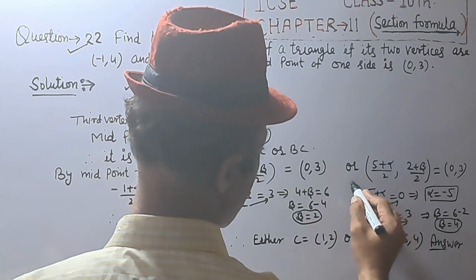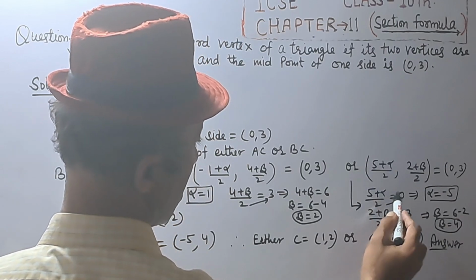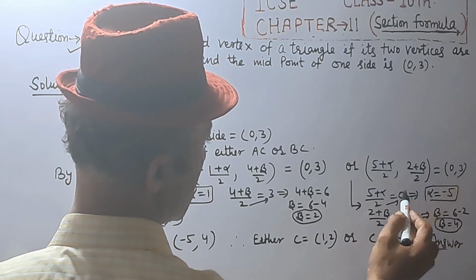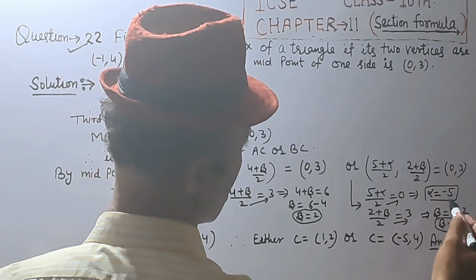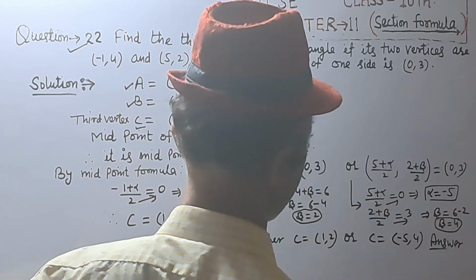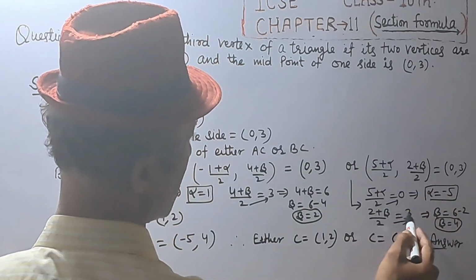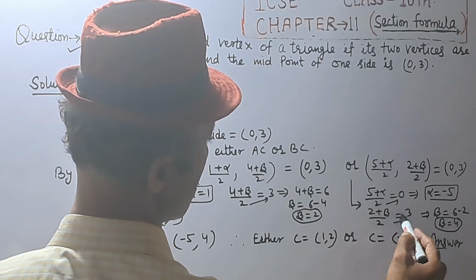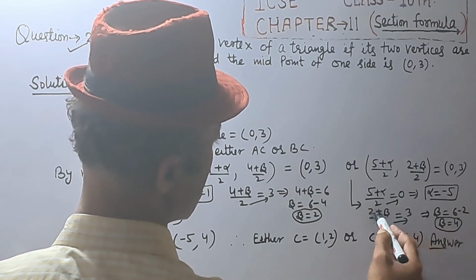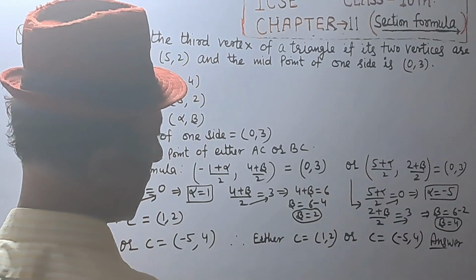or (5 + alpha)/2 = 0, 2 multiplied by 0 is 0, and alpha = -5. And the second coordinate, (2 + beta)/2 = 3, 3 twos are 6, beta = 6 - 2 = 4.